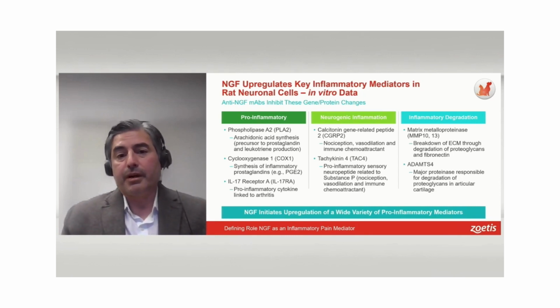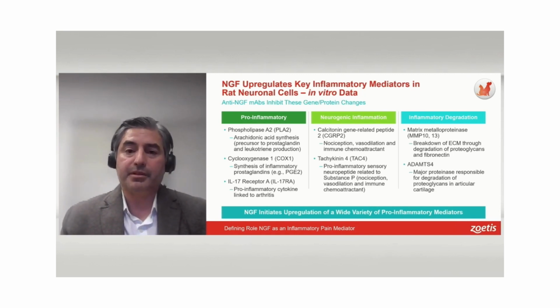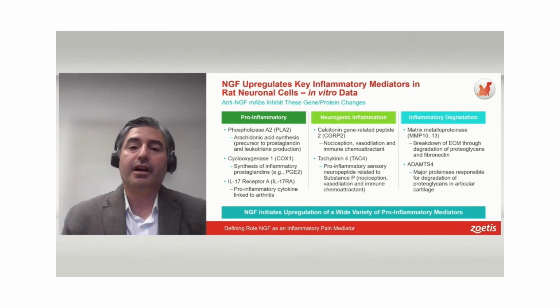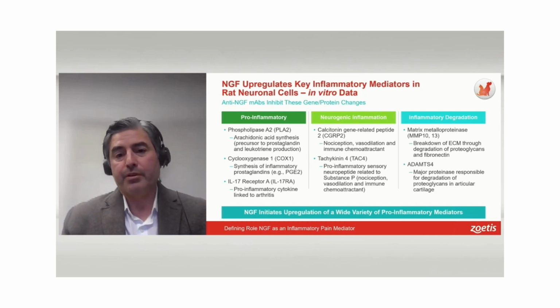Shifting to the middle, I mentioned earlier that we know that NGF upregulates neuropeptides, and we've demonstrated that again with CGRP upregulation, as well as tachykinin 4, which is a cousin, if you will, of substance P. On the right-hand side, and this is where it's really important in terms of joint degradation, NGF is upregulating matrix metalloproteinases, in this example, MMP10 and 13, which we know are important in breakdown of the extracellular matrix and chondrocyte destruction in the joint, as well as other families that are related, like ADAMTS.